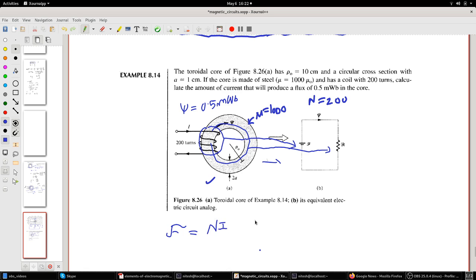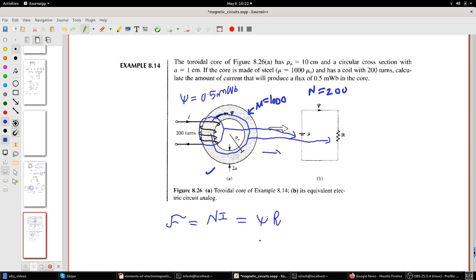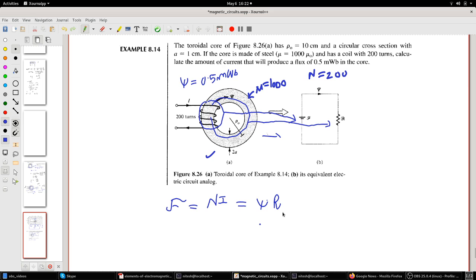And using Ohm's law, it is also equal to psi into reluctance R. What is unknown here is I; psi is known, and reluctance I have to calculate. So I can write I equal to psi into reluctance divided by N.